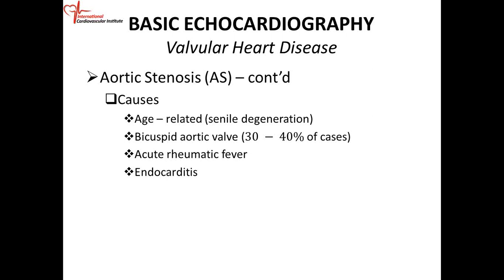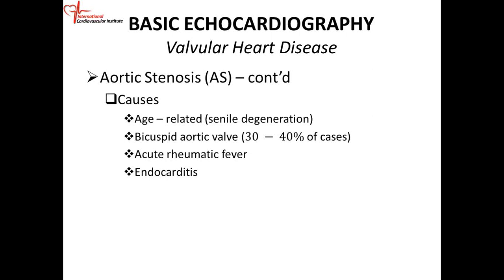The most common cause, however, is bicuspid aortic valve, which accounts for about 30 to 40% of cases. In the US and Europe, about 50% of all patients going for aortic valve replacement are there because of bicuspid aortic valve.